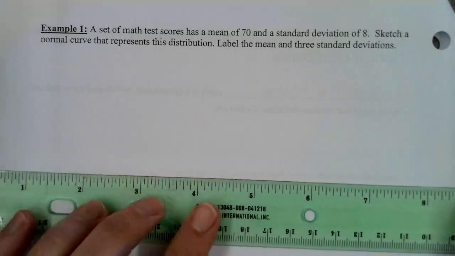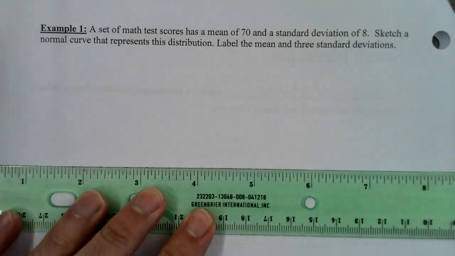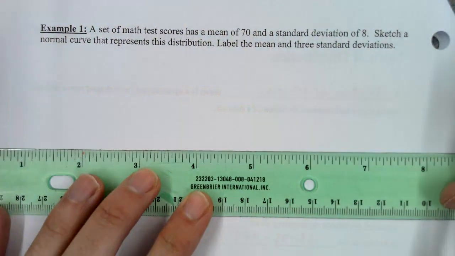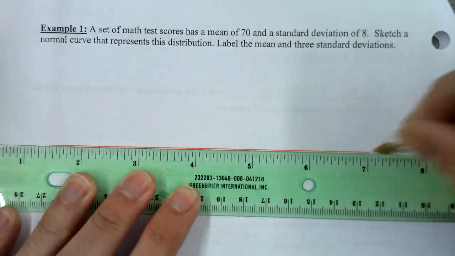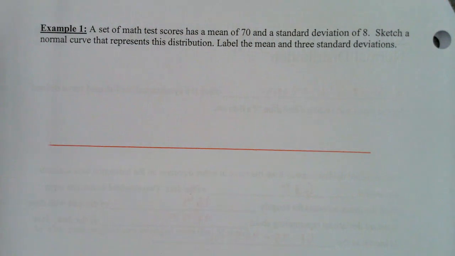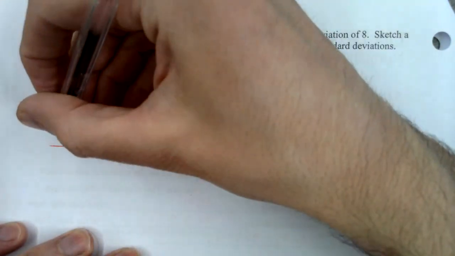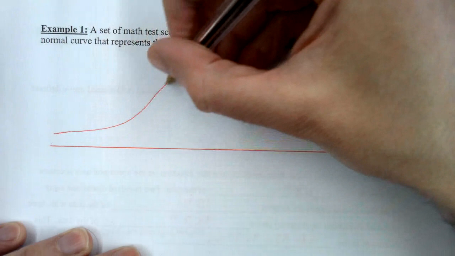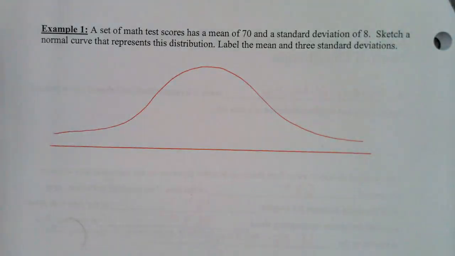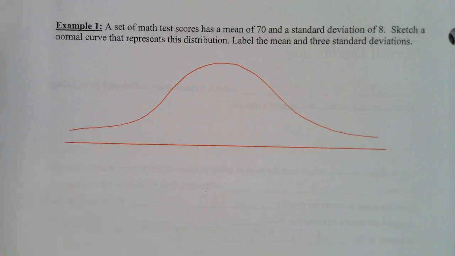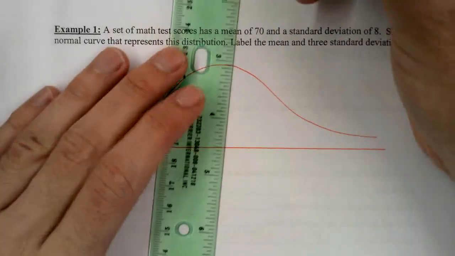So here's my curve. Let me draw the horizontal line first. Now let's draw the curve. All right, that's good enough. This in the middle will be the mean.